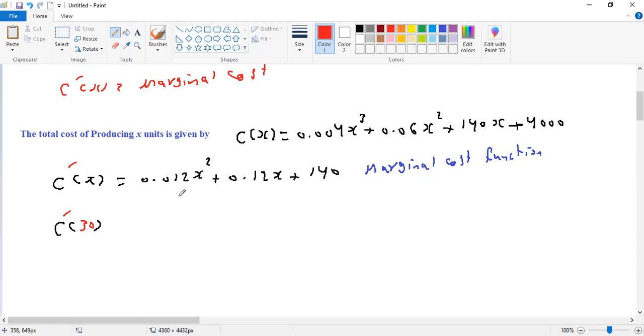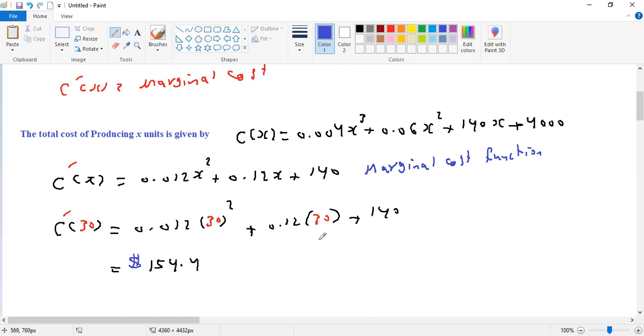For C prime of 30, we substitute 30 for x in 0.012x squared plus 0.12x plus 140. So C prime of 30 is $154.4, using the calculator.